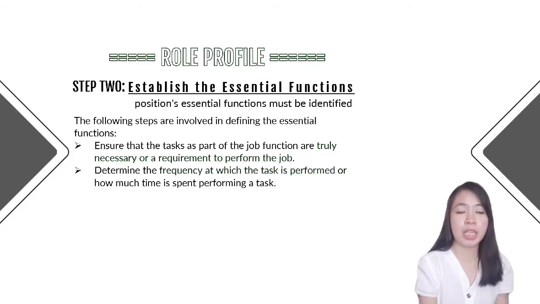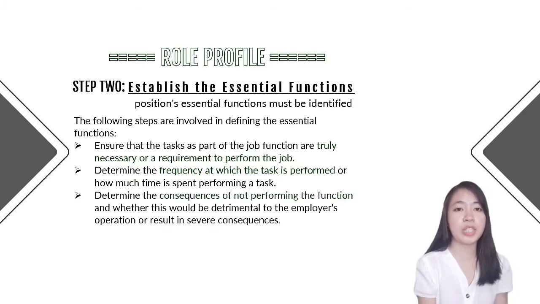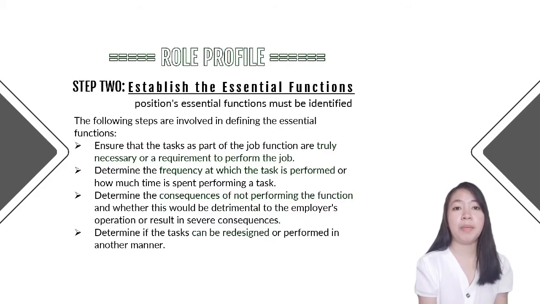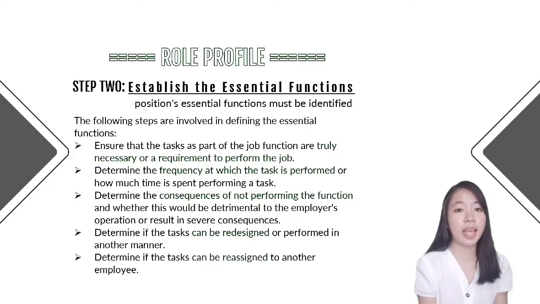Determine the frequency at which the task is performed or how much time is spent performing it. Determine the consequences of not performing the function and whether this would be detrimental to the employer's operation or result in severe consequences. Determine if the task can be redesigned or performed in another manner. Determine if the task can be reassigned to another employee.